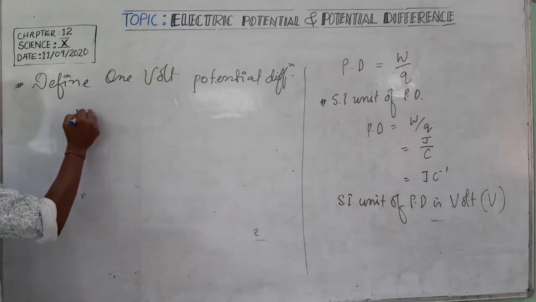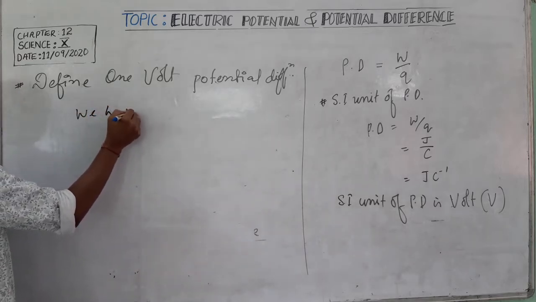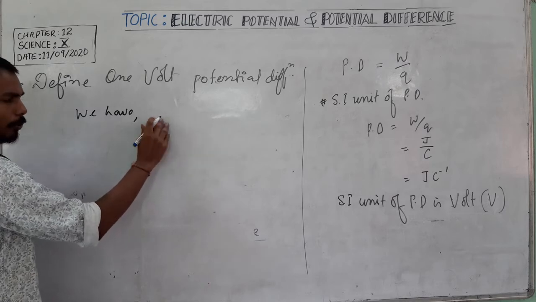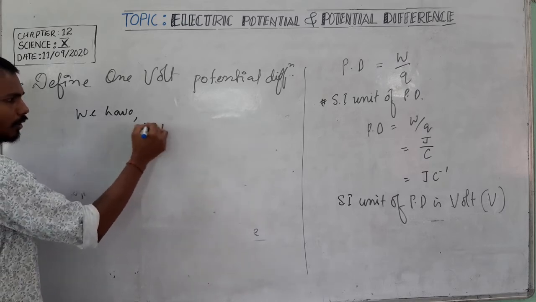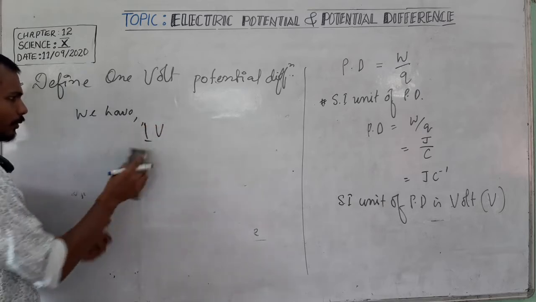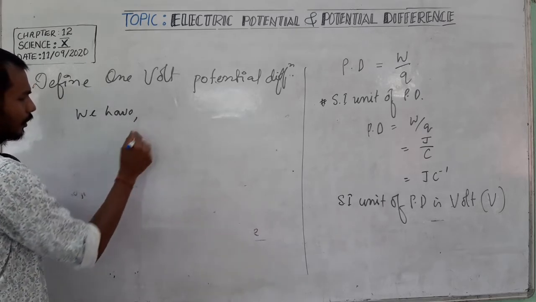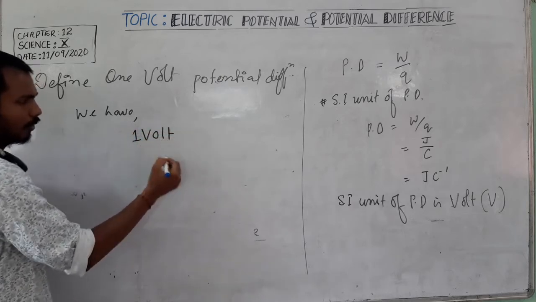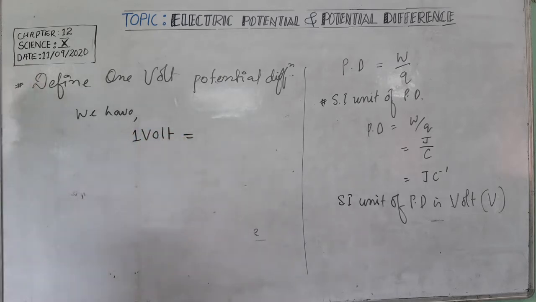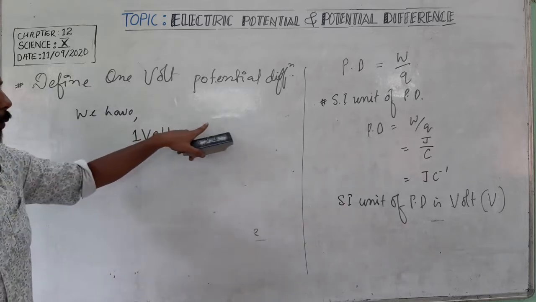1 volt potential means potential difference is equal to 1 volt. Means 1 volt means work done per unit charge.